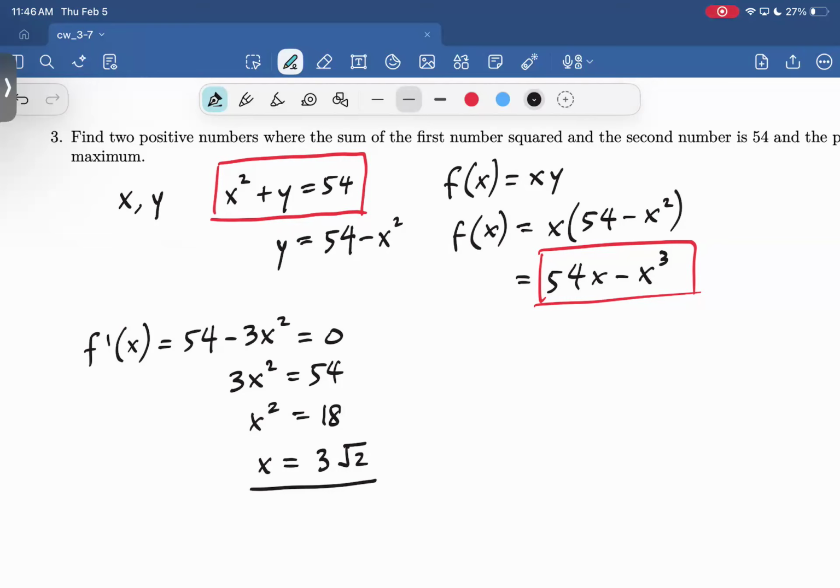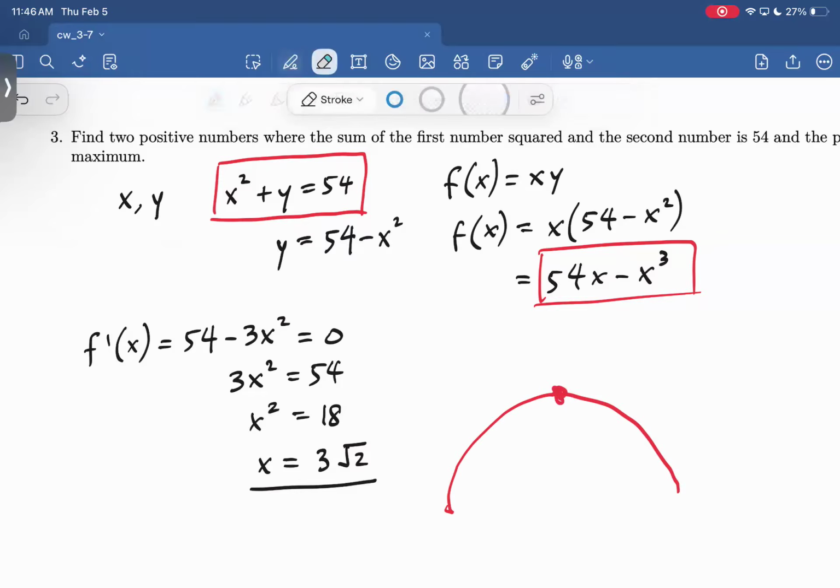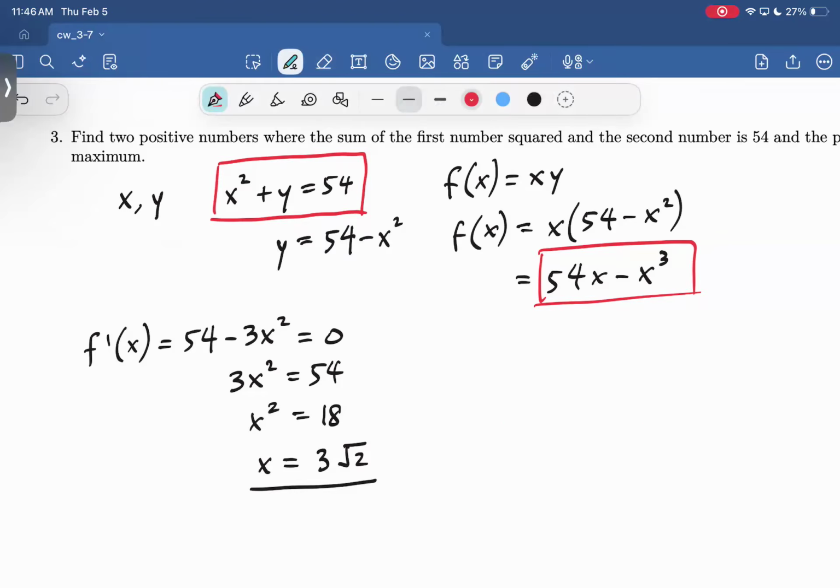Okay, next step, we want to prove that this is actually a maximum. So that requires doing the second derivative test. At a maximum, what do we know about the second derivative? Good. Must be negative because at a maximum, the function is concave down. So we're going to take the second derivative of f of x, which means taking the derivative of the first derivative.